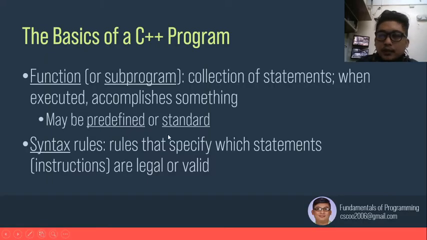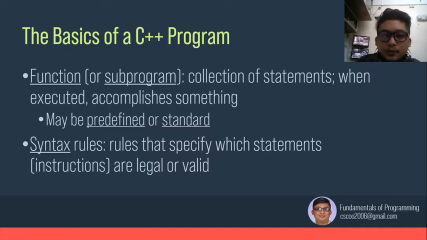It may be a predefined or standard function. When we say predefined, we will tackle that in our discussion in the following days, but for now, let us focus on the standard, which is the main. Predefined means you are the one who developed the function.